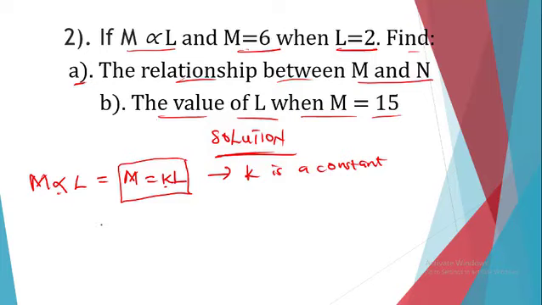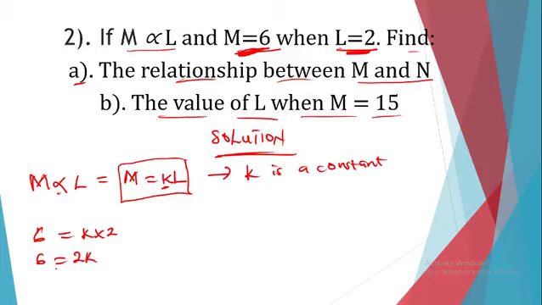Now if this is the relationship that exists between M and L, let us use the given values of M and L and find the value of K. Our M is given to be 6 from the question, and L is 2. So we have K times 2, and then we have 6 equal to 2K.